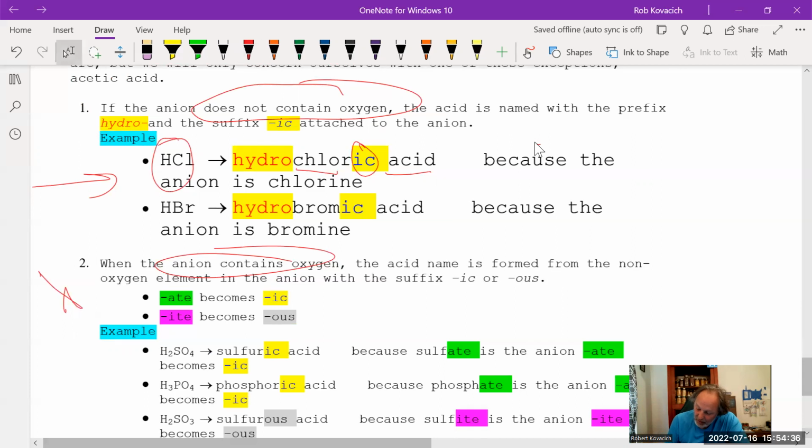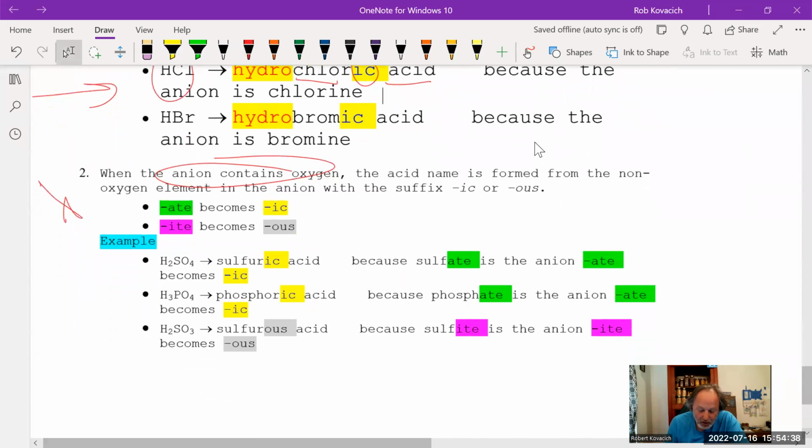Okay, so what about if there's oxygen? The way the oxygen compounds get turned into acids is the polyatomic ion has H's added to it until it becomes an acid. So SO4 with a 2 minus charge was sulfate. If I put 2 H's on there, each of the H's come as a plus, and so then that cancels out. And so now what I've done is I've created a neutral molecule that is now called sulfuric acid.